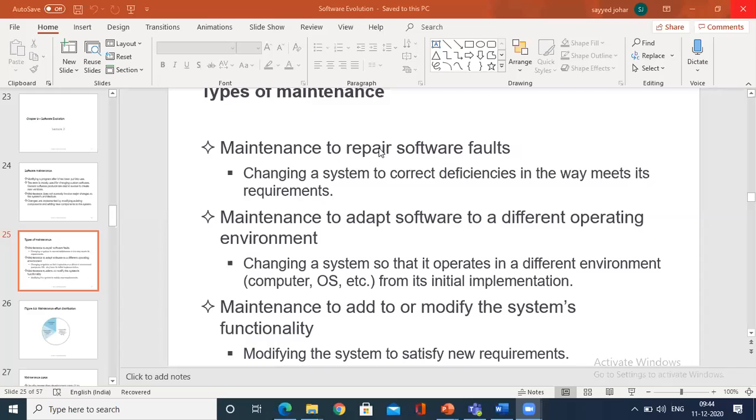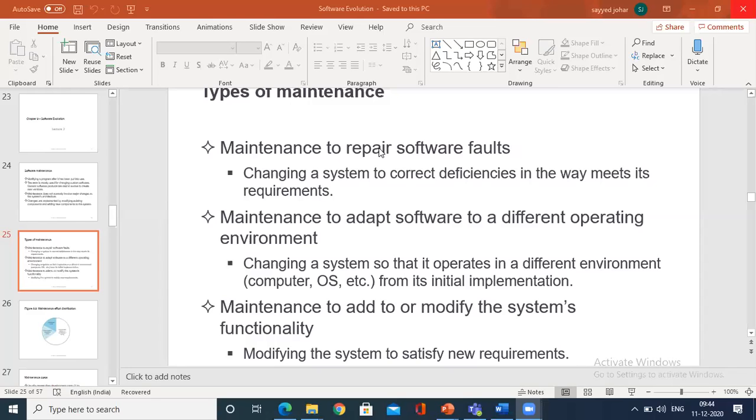Fault repair. What is a fault? A fault leads to failure, I say. You cannot compare a fault with an error. An error is something that doesn't allow the program to execute. A fault will allow you to execute the program, but a fault will be identified only when the program is executed. Try to understand what a fault is.